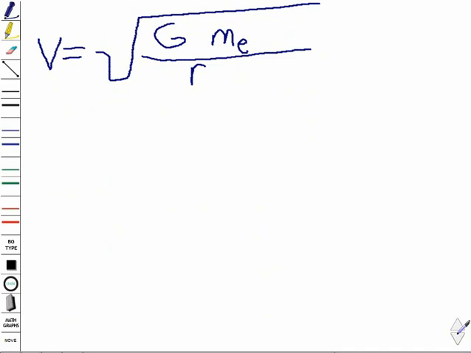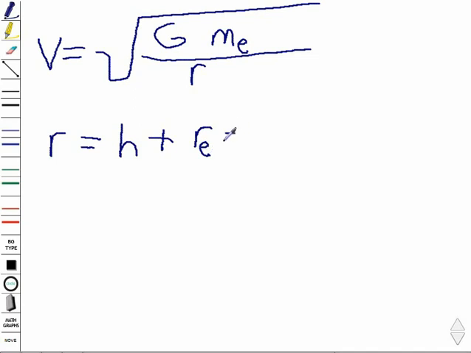So in order to find r, we need to add our two numbers together that we have given to us in the problem. The height above the Earth that the satellite is moving around the Earth, plus how far from the center of the Earth it is, the radius of the Earth.